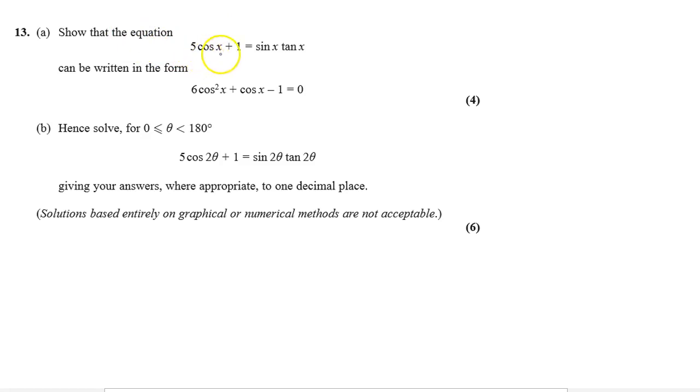Question number 13. Show that 5 cos x plus 1 is equal to sin x tan x. So 5 cos x plus 1 is equal to sin x, and tan x can be written as sin x over cos x. Now multiply each term by cos x.